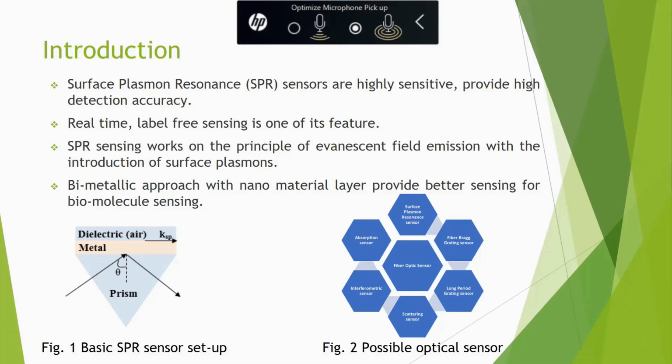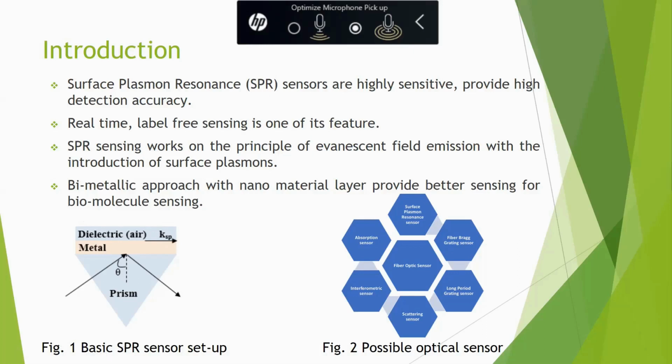When light is incident at an angle, the photon will interact with the electrons on the surface. So we need to make an arrangement of a metal and dielectric interface, and when the electrons are excited, non-radiative surface plasmons are generated, like a cloud of plasmons, and then this energy will interact with the analyte as an evanescent wave, and that wave runs parallel in this direction and decays eventually.